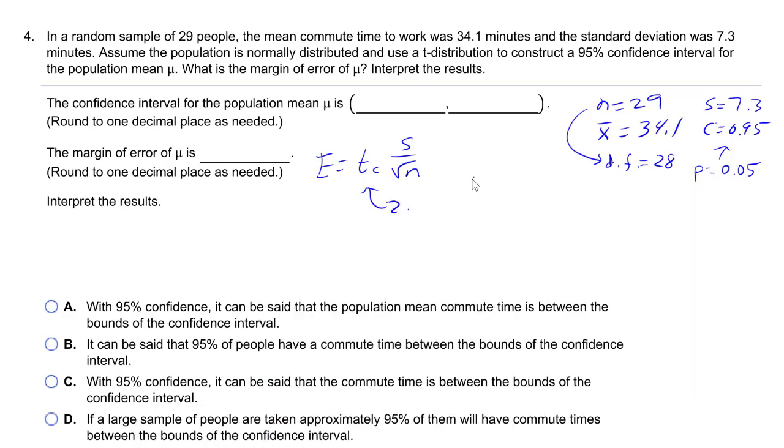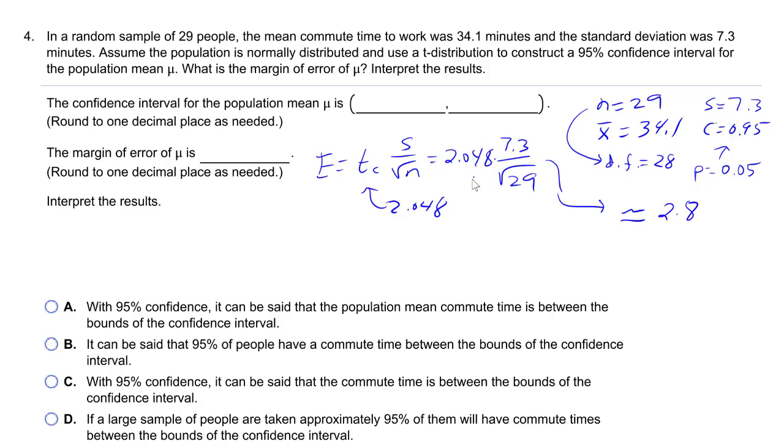So we would have 2.048 times s, which was 7.3, over the square root of 29. All right, and this whole thing is going to end up being approximately 2.8.